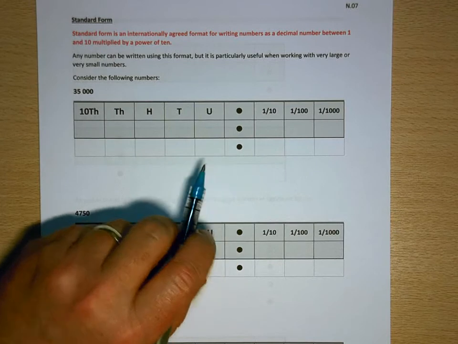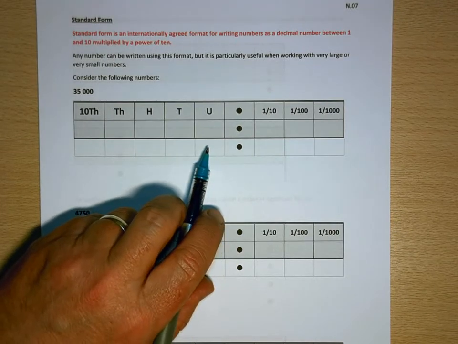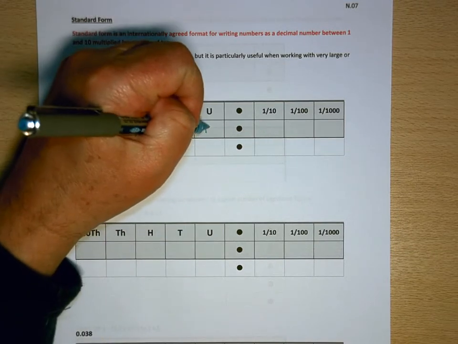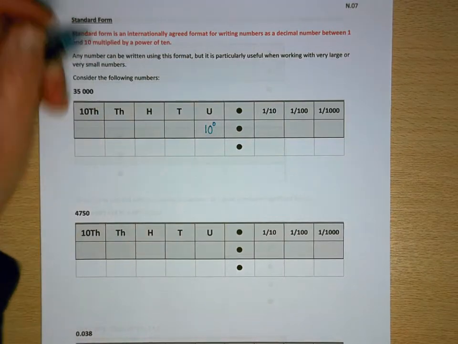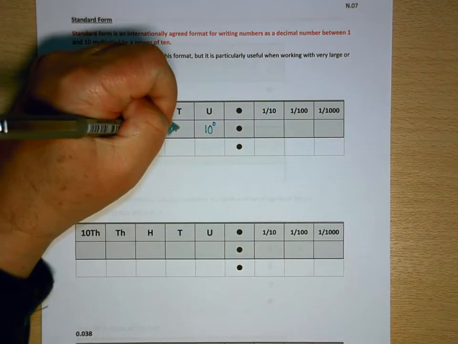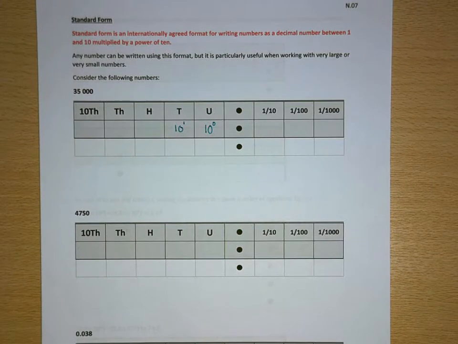We discovered yesterday when we were looking at powers that anything to the power of 0 is 1. So I can write the units column as 10 to the power of 0. We also looked yesterday when we were working with indices that if I just have the number 10, that's the same as having it to the power of 1.